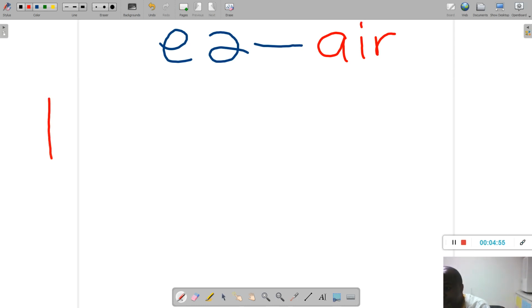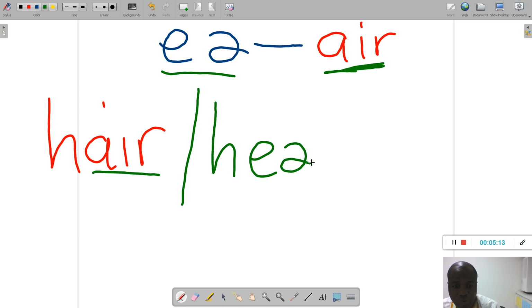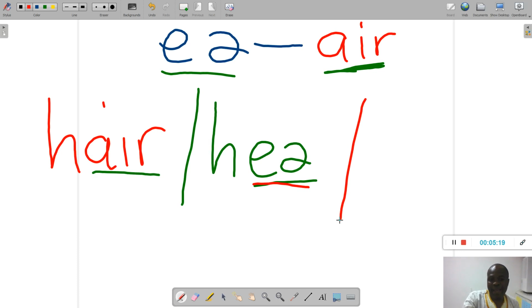So I'm writing hair. This is our grapheme, and our phoneme is going to be H, and the whole of this is going to change to this. Remember, I said it's the same sound, air. So the whole of this changes to this one. So this is hair.